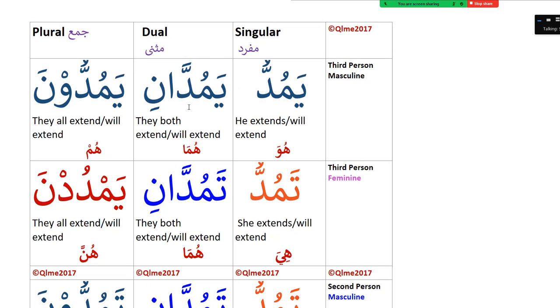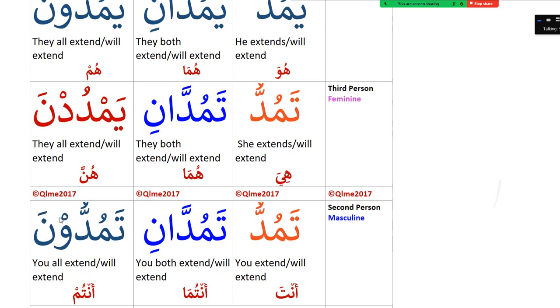Let's make the mudari chart. Yamuddu, yamuddani, yamudduna. He extends, they both extend, or they all extend. Tamuddu, tamuddani, yamdudna. So yamdudna is actually yansurna. You cannot have a shadda and a sukun together in Arabic, so we separate the two dals and it becomes yamdudna.